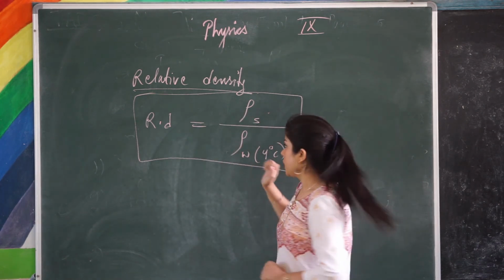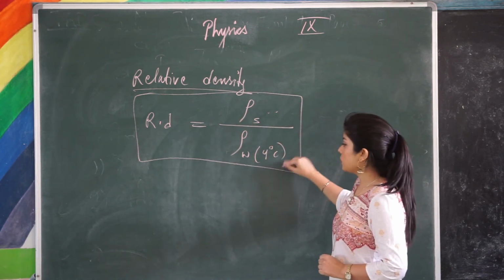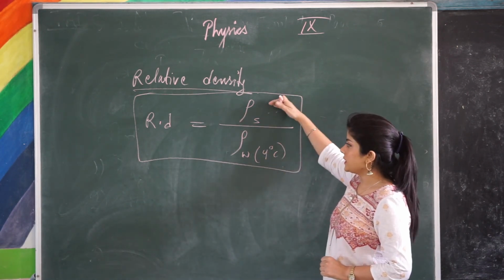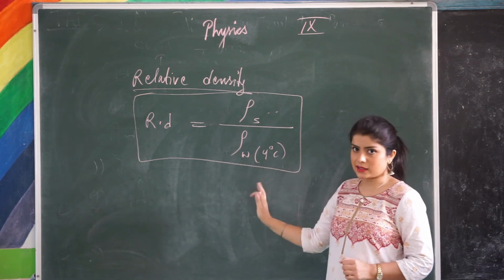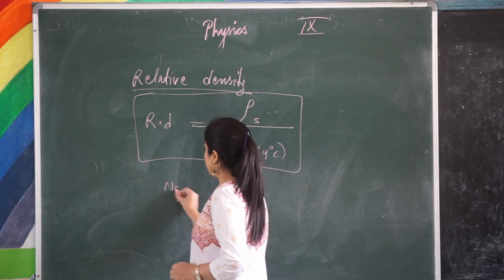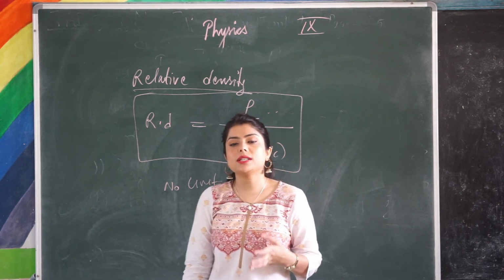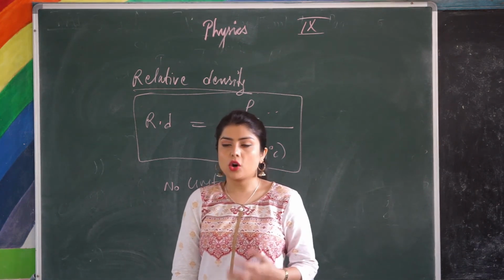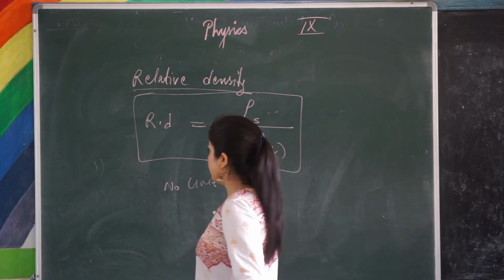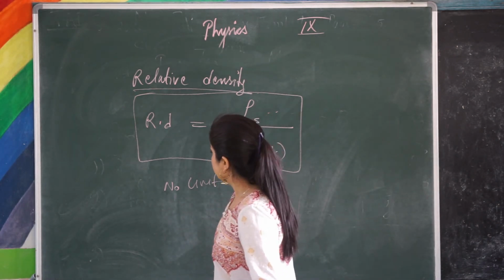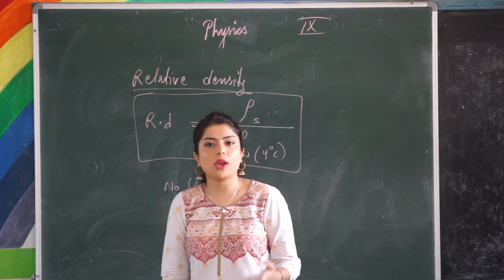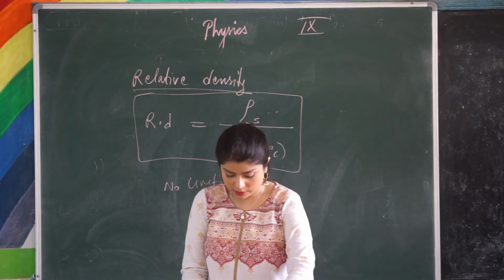Now the unit. This is also density, this is also density. So the units of this density and this density will cancel out, and this has no unit. So relative density is a unitless quantity, and relative density is actually a ratio, and a ratio doesn't have any unit.